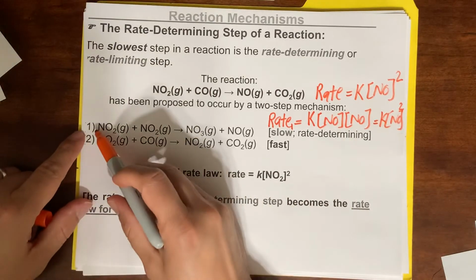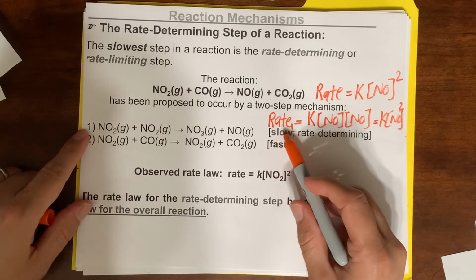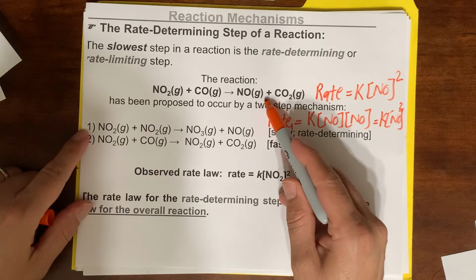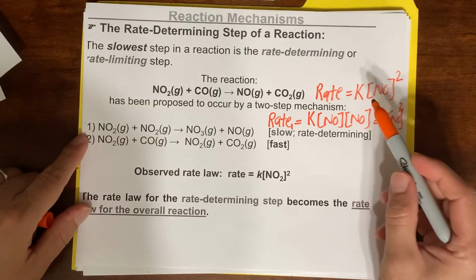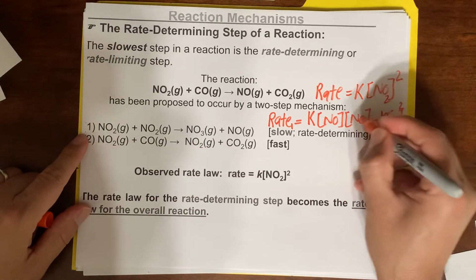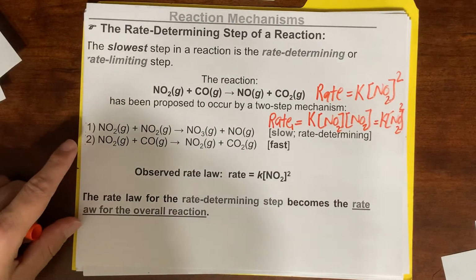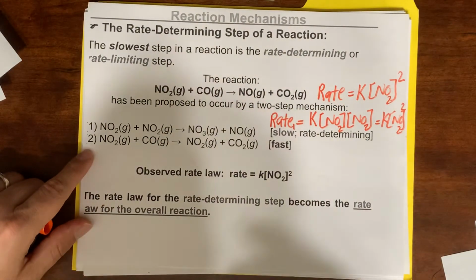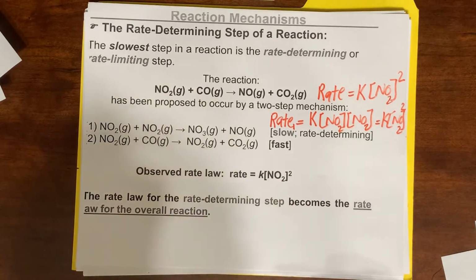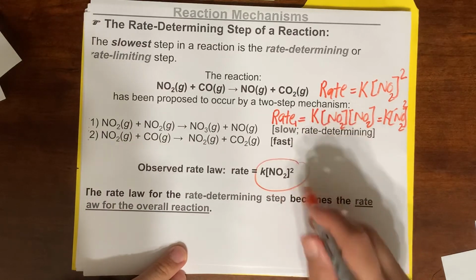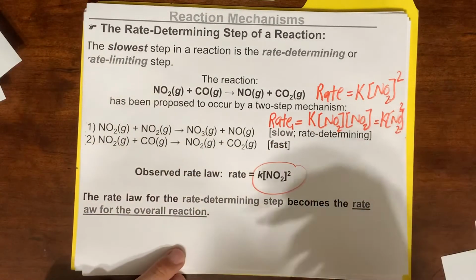If you know the elementary steps and you know which one says slow, you got the rate law for the reaction. So the rate law for this reaction is going to be k[NO2]^2. And the second step is fast, so I don't care about it. So we can determine the rate law of any reaction if we know the slowest step, and that's the beauty of the mechanism.